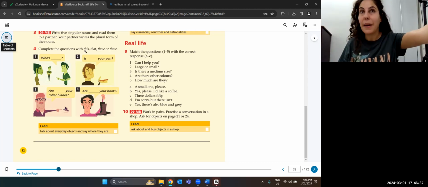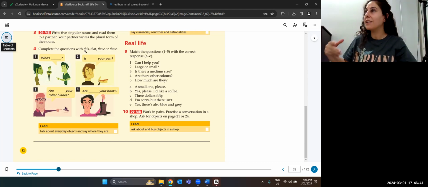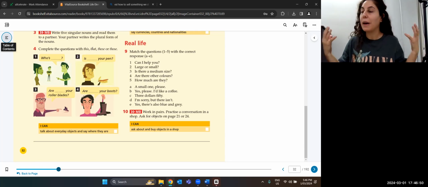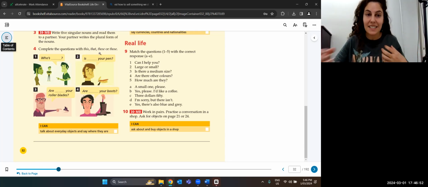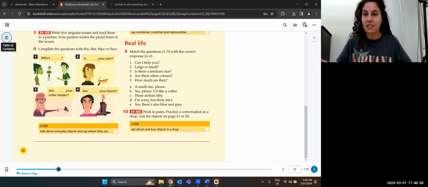But if something is singular and it's far away, I say that. Like, oh, look at that man. Look at that bird on the tree. Look at that hat that someone is wearing. Now, if it's plural, we're talking about many nouns. I say these if it's close by and those if it's far away. So these, like pretend I have lots and lots of pens.